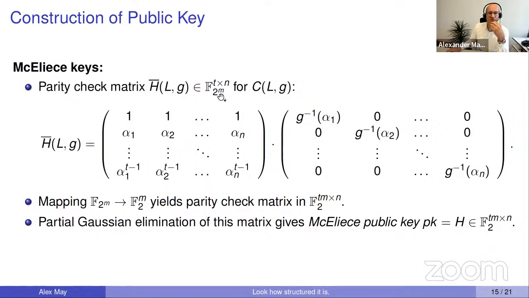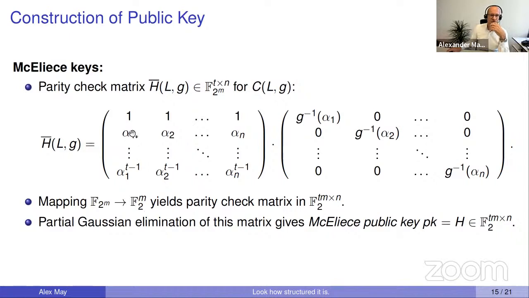So we have to go to the small field, and this we do via some canonical mapping. We can define a basis of this as an F_2 vector space, and then we can go to this. Basically, we expand every entry of this matrix to m entries in a standard basis.